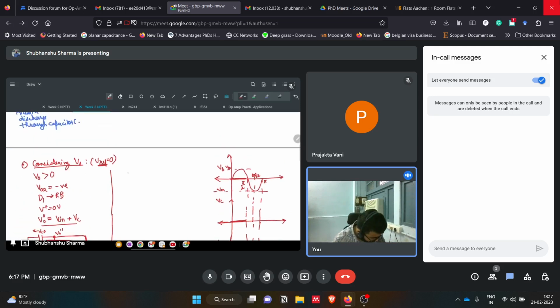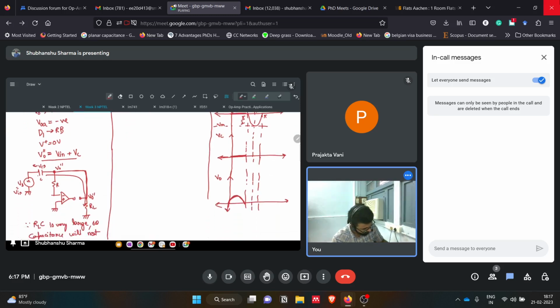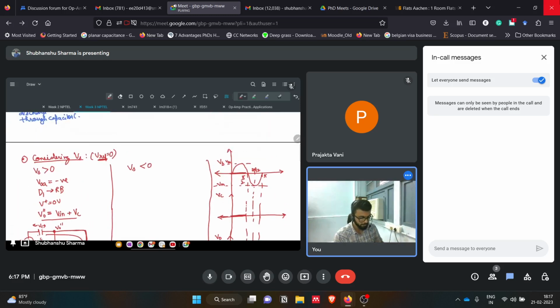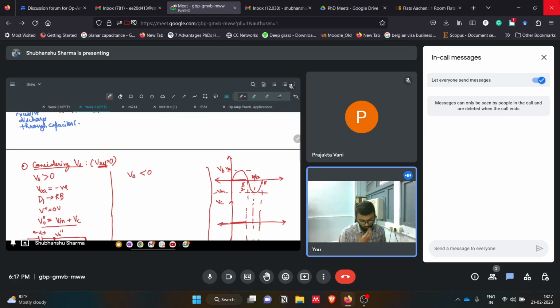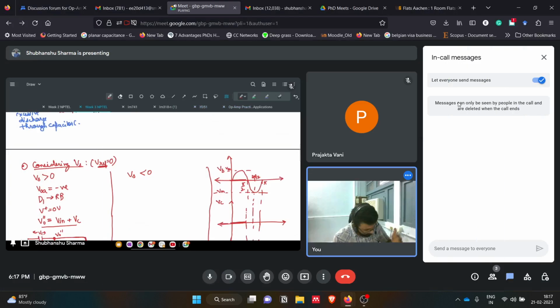Now if we consider Vs less than 0, this is the second case. I'm parallelly discussing. Let us make a diversion here, no confusion. So when Vs is less than 0, what will happen?